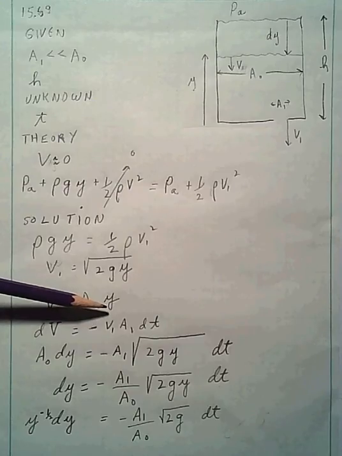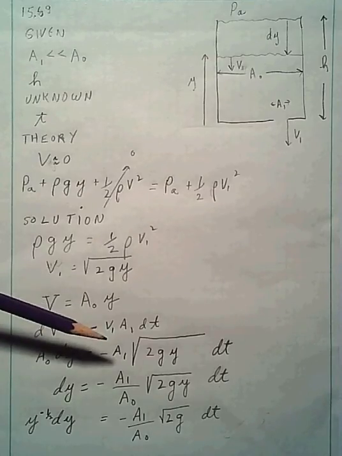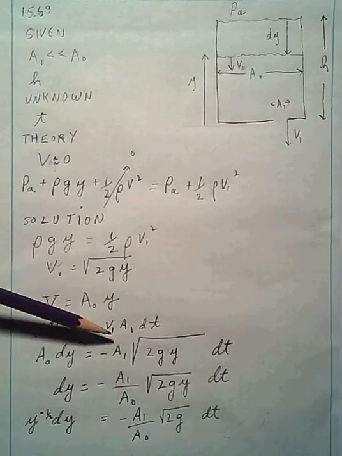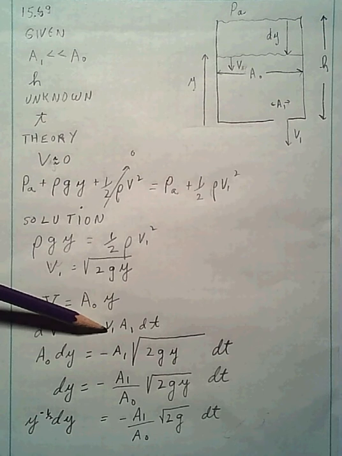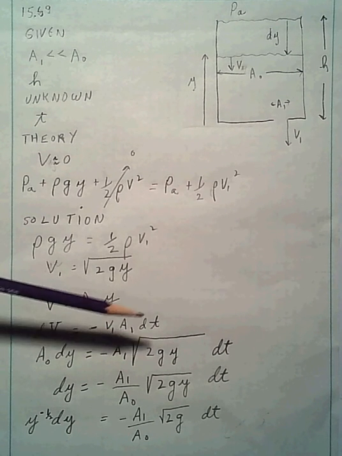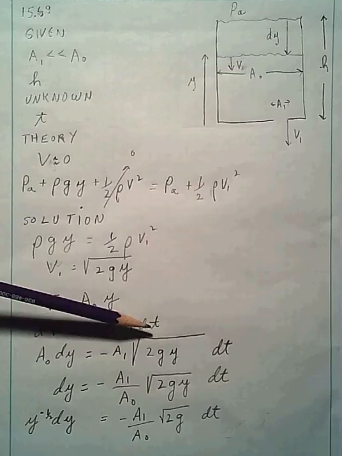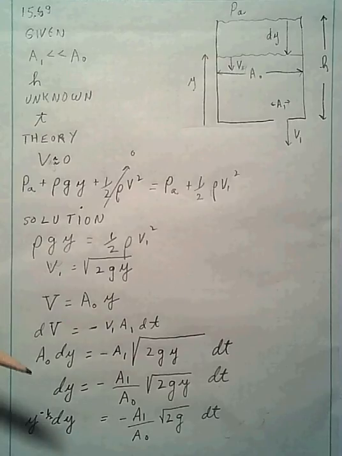This volume will change as water flows out, and the differential change in that volume will be equal to the velocity of water that flows out of the can, the velocity at the bottom of the can, times the cross-sectional area times the differential length of time. This basically represents the volume, the height times the cross-sectional area, in the time interval dt.